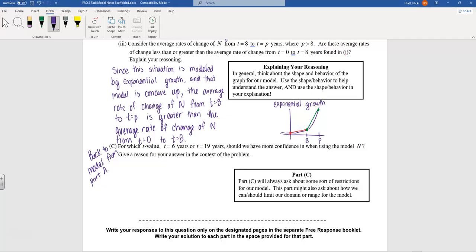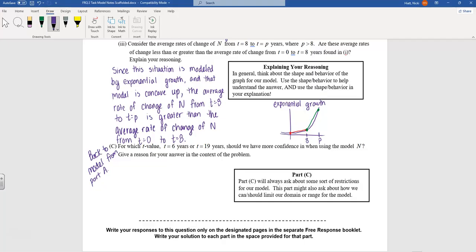C goes back to the exponential. For which t value, t equals 6 years or t equals 19 years, should we have more confidence when using the model? Give a reason for your answer in context of the problem. So this part is going to ask us about some sort of restrictions on our model. It might talk about how we should limit the domain or the range. In this case, it's asking us about the confidence.